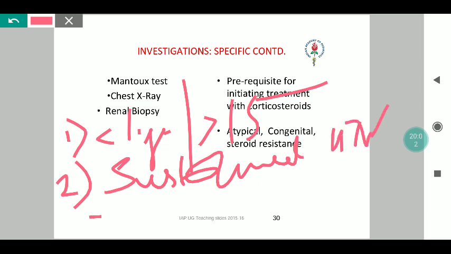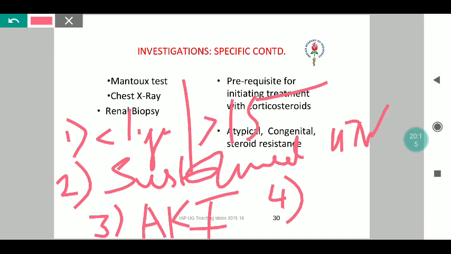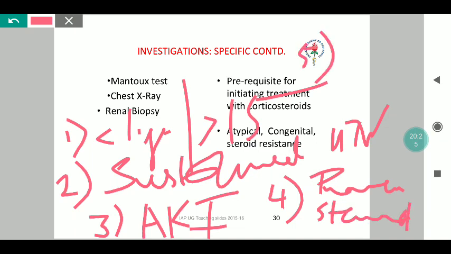Number 3, presence of an acute kidney injury. This is debatable, but better to do it. Number 4, proven steroid resistance. And number 5 is persistent hematuria.